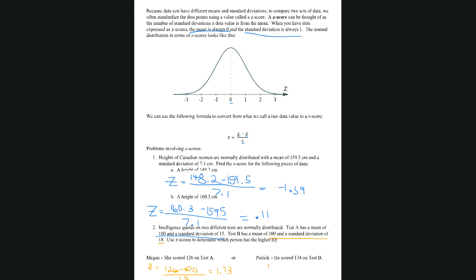Patrick got 134 minus 100 over 18. So when we do that, I get 1.88888888.